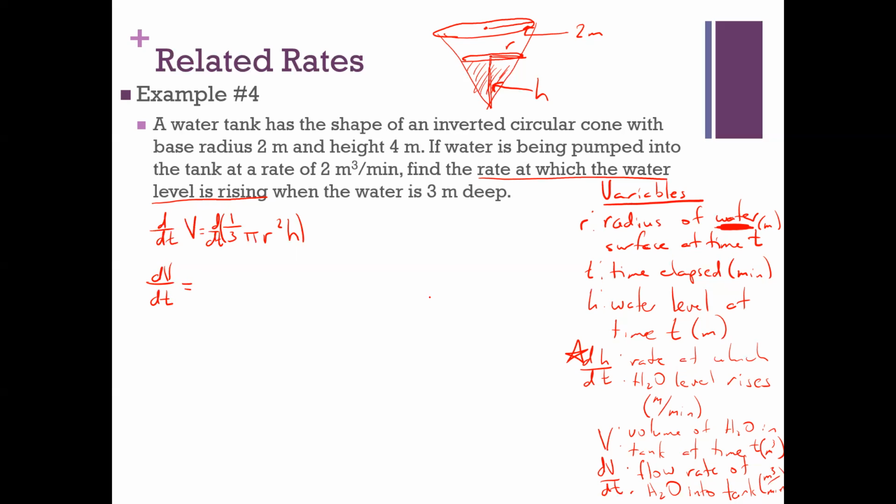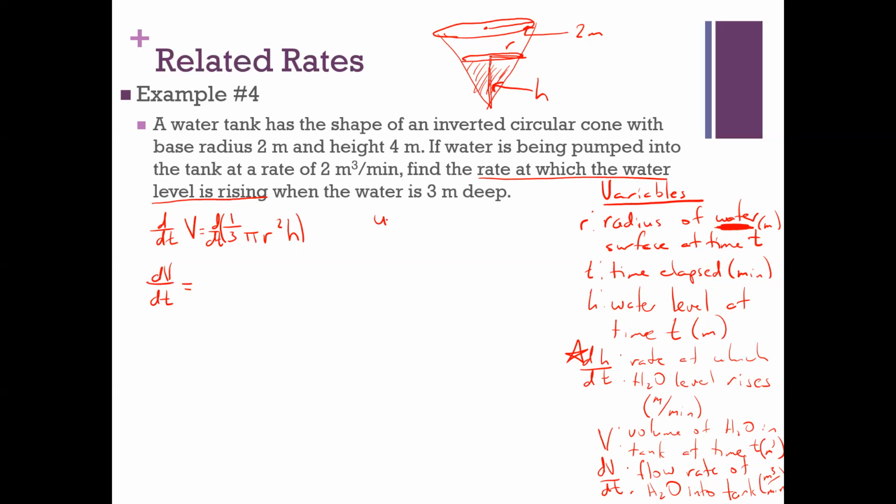All right, and what are we going to have to do to handle that derivative on the right-hand side, the 1/3 pi r squared h? I heard a vote for product rule. We agree the product rule is needed here? Why do we have to use product rule? You've got two different variables, which you can't really help but treat as different functions.